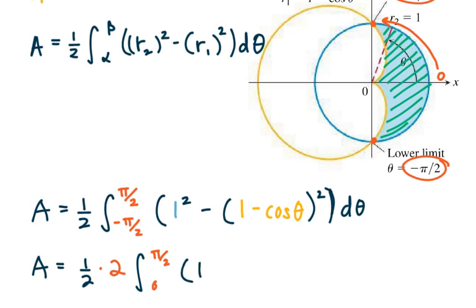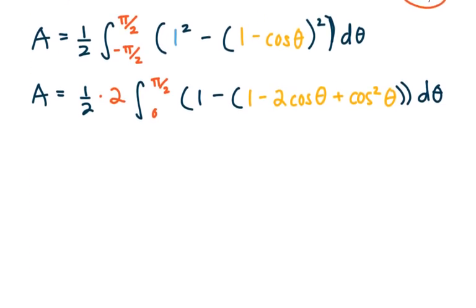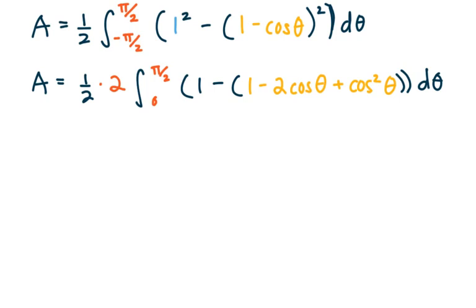1 squared is 1, minus, and when I square my inner polar function, I have 1 minus 2 cosine theta plus cosine squared theta. So if we look at simplifying, the 1/2 and the 2 go to 1, so that goes away.